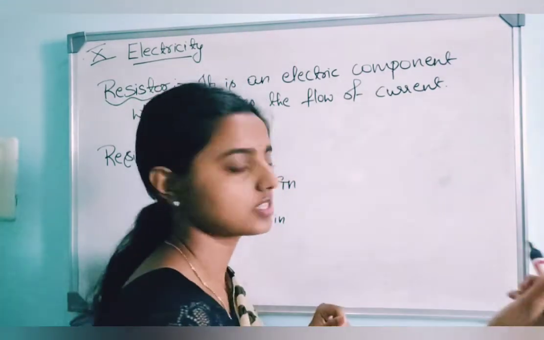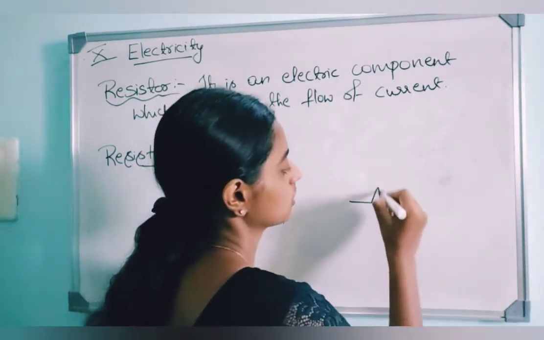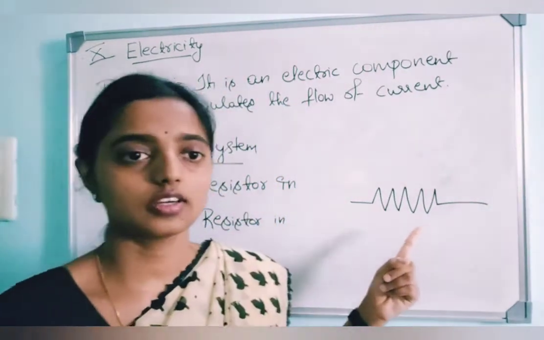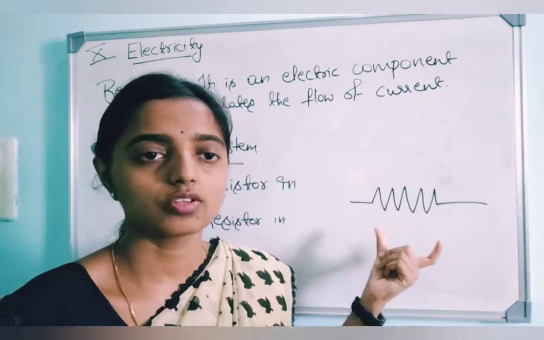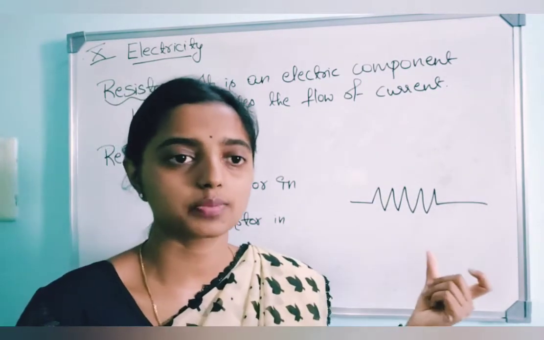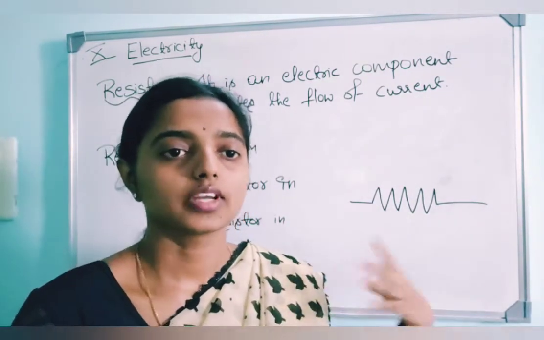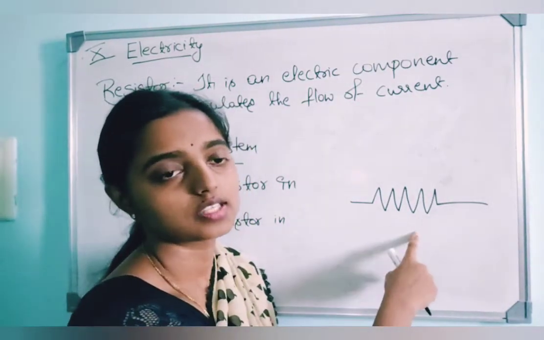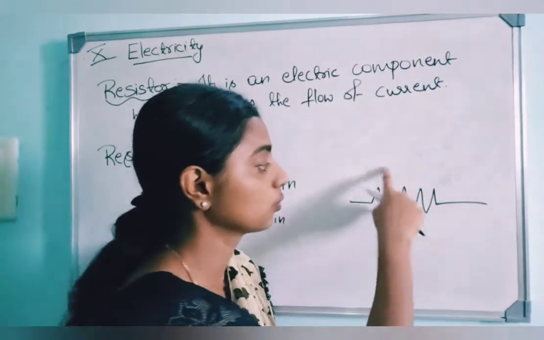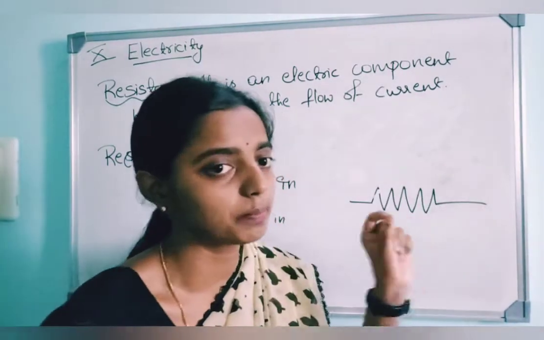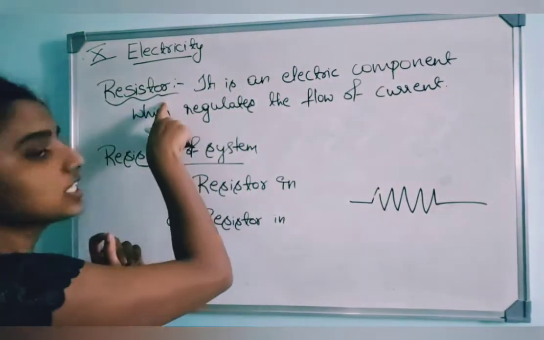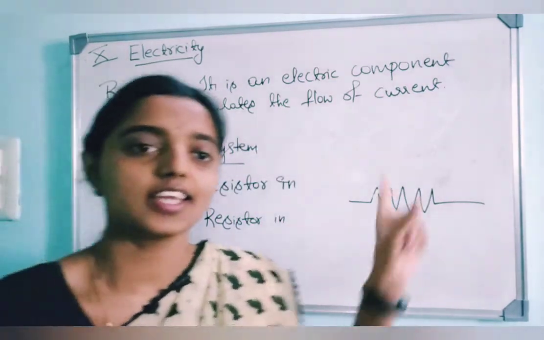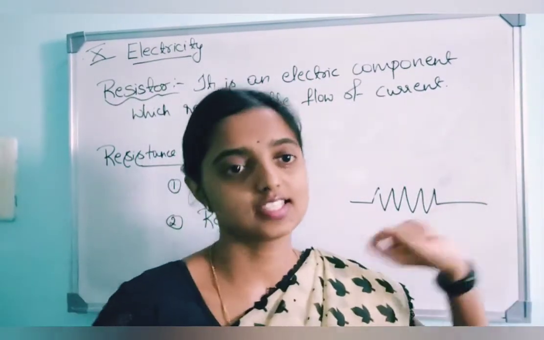There we saw the symbol of resistance or a resistor, which is a wire, and we also used nichrome wire in the Ohm's law experiment and again in the resistance activity. So this is how the symbol of resistance looks. Now this is a component, that means a material. Which one? Resistor. The property to regulate the flow of current is resistance, okay?